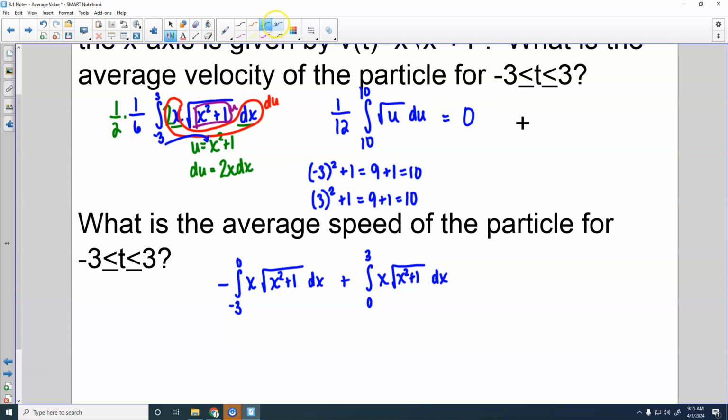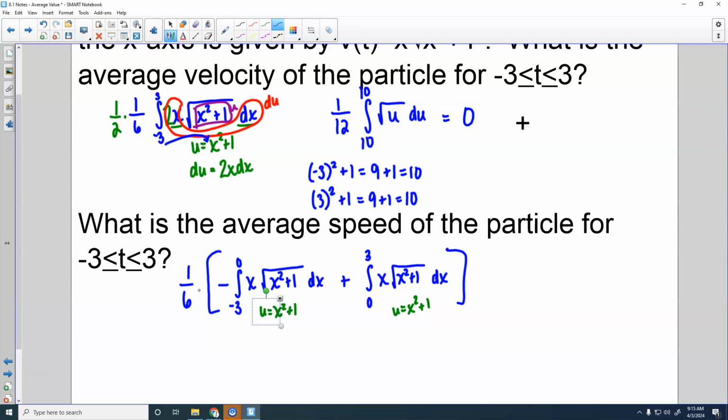So much like the last problem, we're still going to use u as x squared plus 1 for both of these right here. And also this whole thing needs a 1/6 out front. You don't want to do a 1/3 and a 1/3. It might work out in this case, I'm not sure, but there are times when it will not.